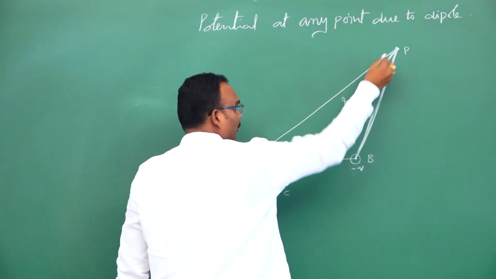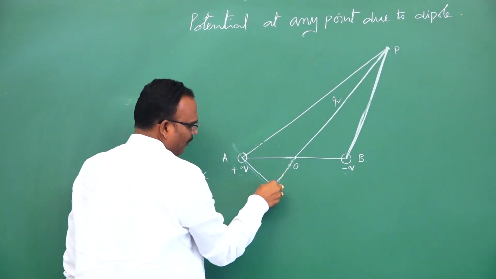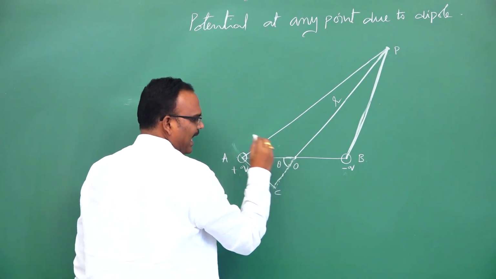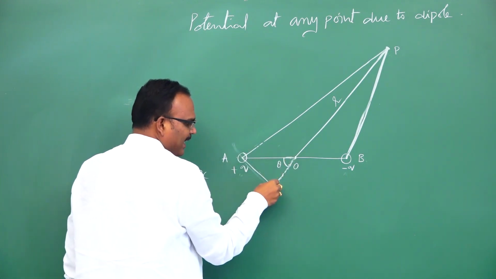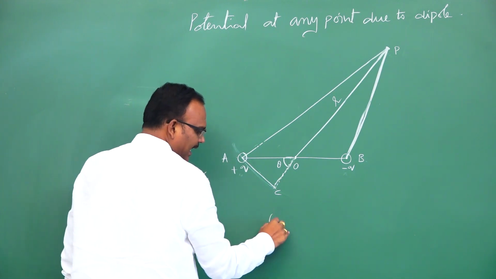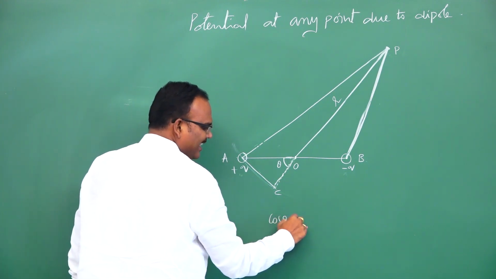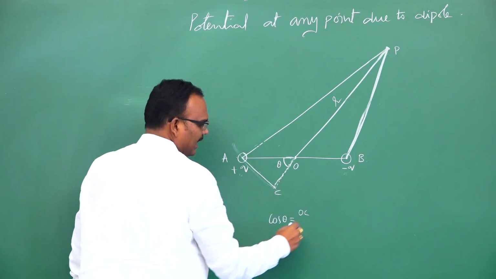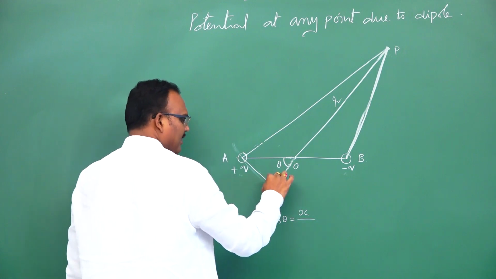From O to P I know the distance is r. Now I need to calculate OC. That I can calculate by representing some angle theta here. Now OC becomes the adjacent side, which I can calculate using cos theta. Cos theta is the adjacent side, OC, divided by the hypotenuse.